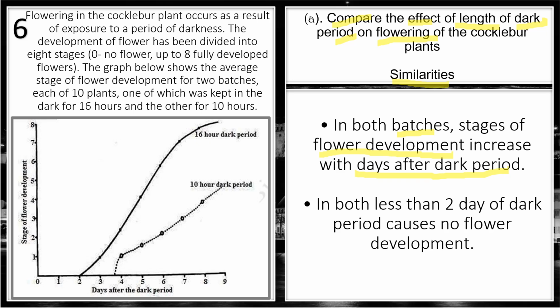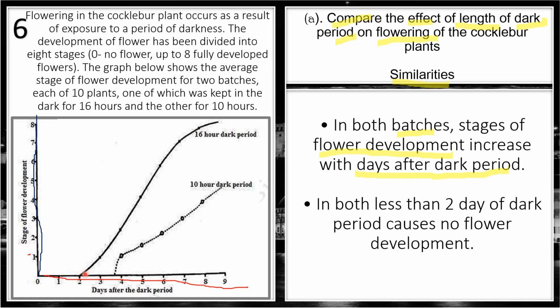So if we look here, on the x-axis, we have the days after the dark period, and on the y-axis, we have the stage of flower development. So we are saying in both bunches, stages of flower development increase with days after dark period.